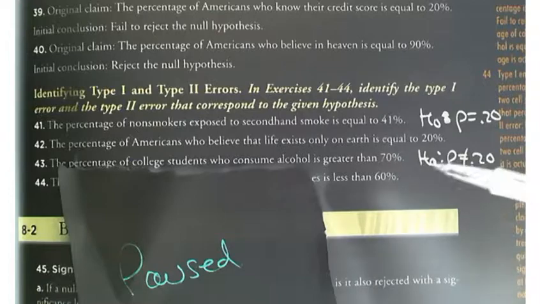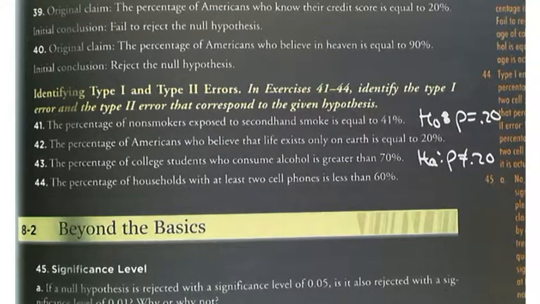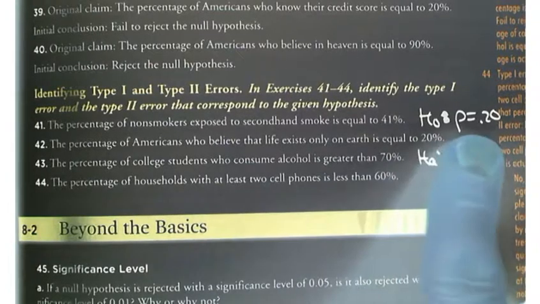Charbel? Yeah, try yours. No, that's reversed. The data shows that the proportion is not 20%, when in fact it is. So you got to remember, H naught is true.